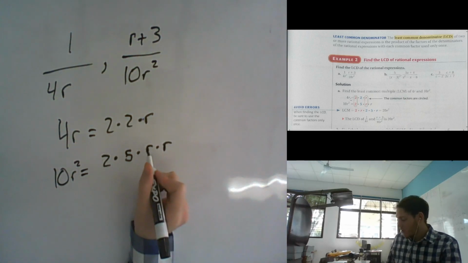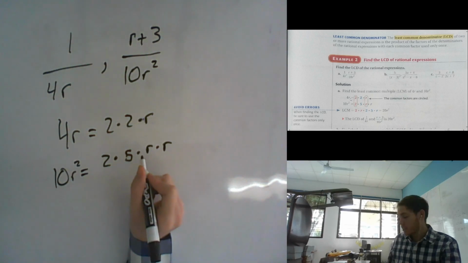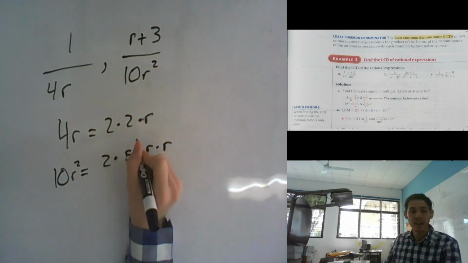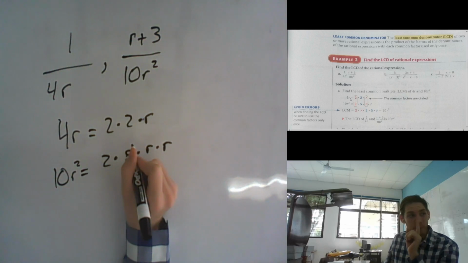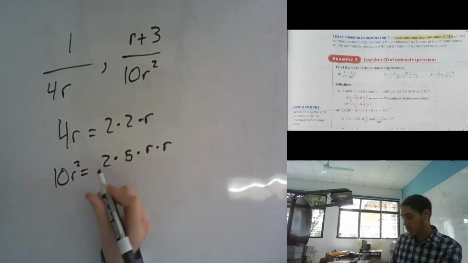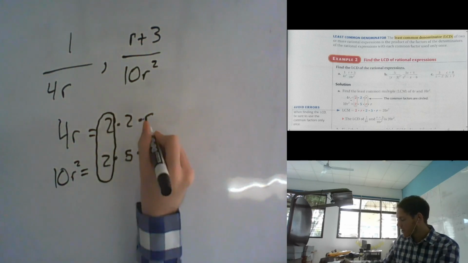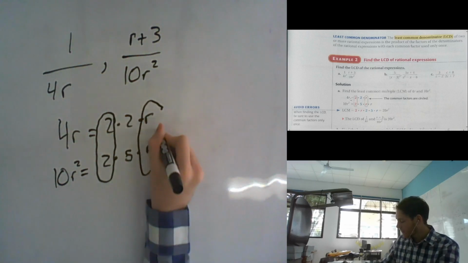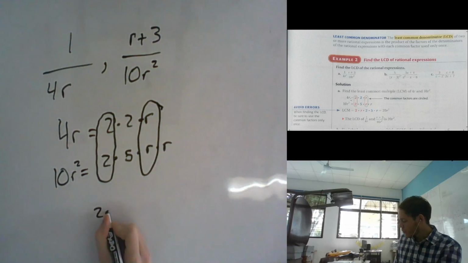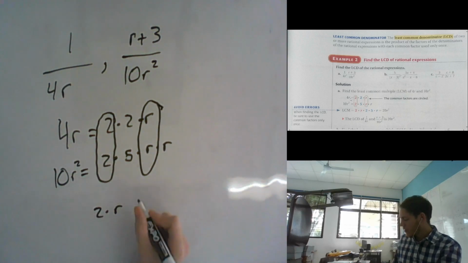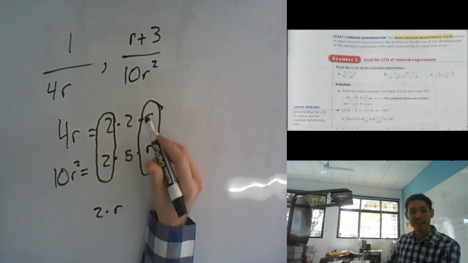So, what you want to do to get the least common denominator is you only want to get what both have once. So you see how both of these have this 2 right here? Just circle this, and they both have this r right here. So we're going to write these 2 times r, okay? Then we have to write everything that wasn't included.